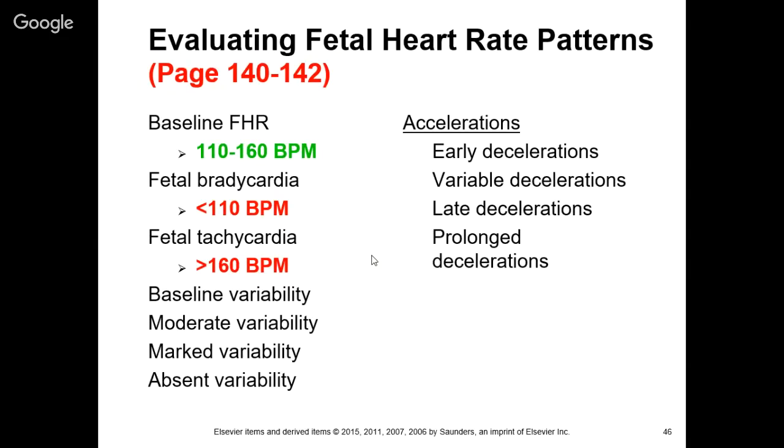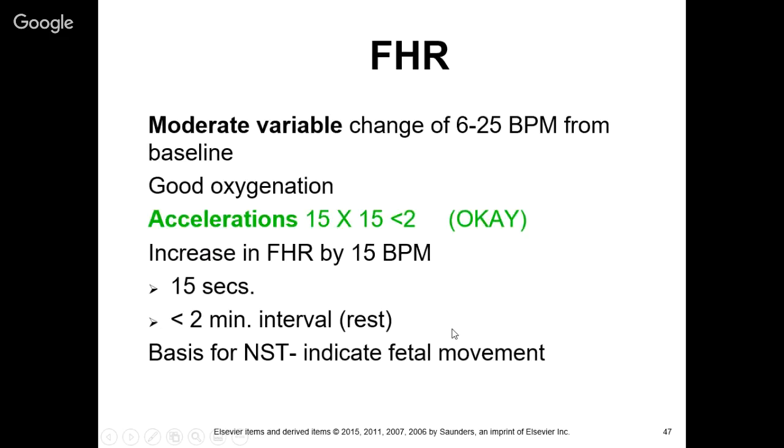And then there are also prolonged decelerations, and you don't need to know the specifics of this, but if there's a deceleration that lasts 15 seconds and it's down by 15 heartbeats, then that's considered a prolonged deceleration, and that's an alarming sign on a fetal heart monitor. So moderate variability changes 6 to 25 beats from the baseline.